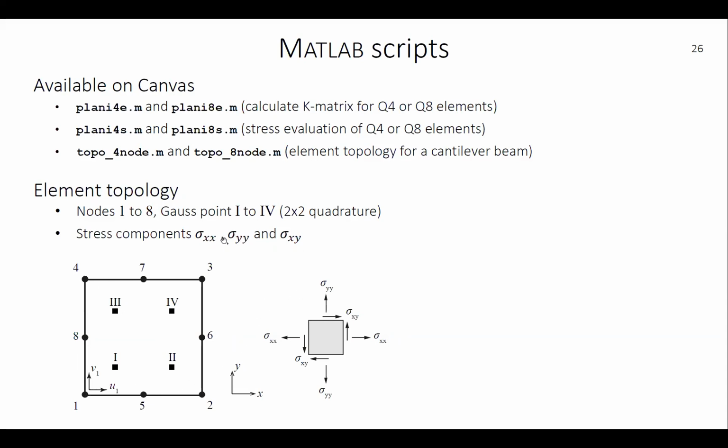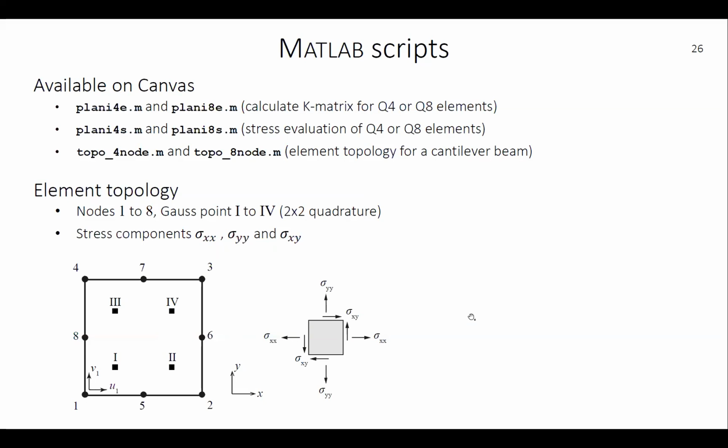And then for the 8-noded element, node number 5 is located in between the first edge, in between node 1 and 2, and then the same for 6, 7, and 8. And for the definition of the stress components, you have your sigma x, sigma y, and the shear stress is sigma xy.